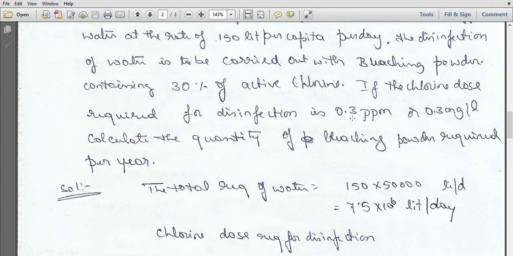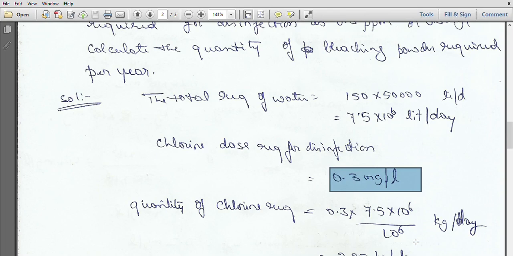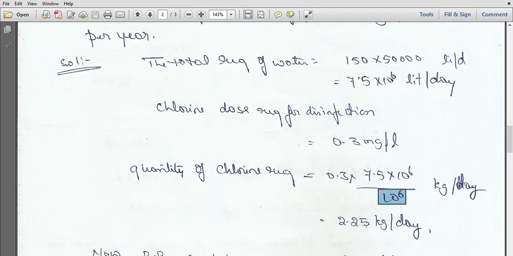The dosage given is 0.3 ppm, right? So it is 0.3 mg per liter chlorine dosage required for disinfection. So the quantity of chlorine required per day is 0.3 into 7.5 into 10 raised to 6 divided by 10 raised to 6. This 10 raised to 6 is converting milligram to kg. So that is 2.25 kg per day.